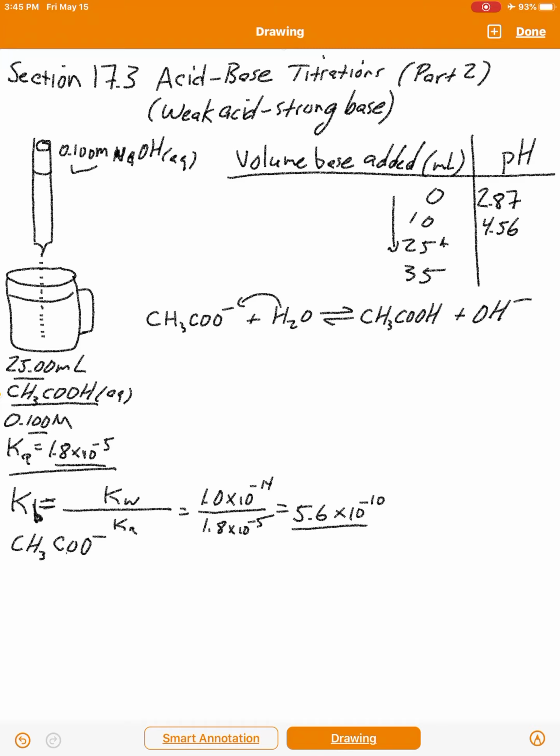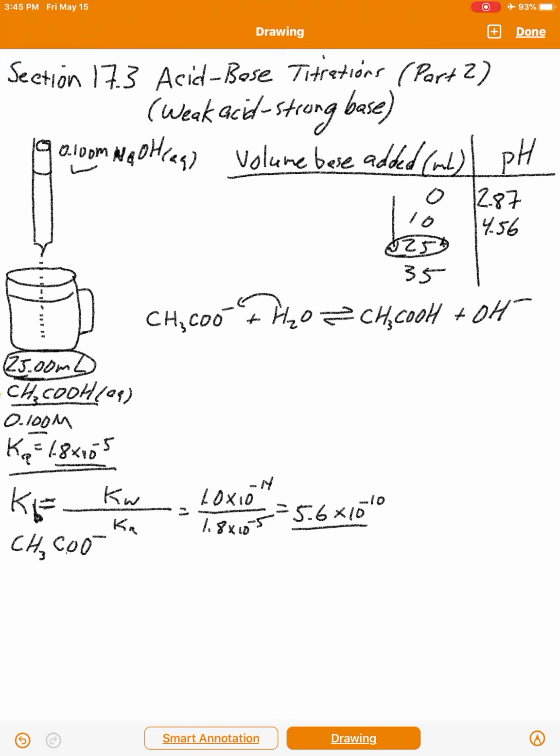to the minus 10. Now the question then is, well, what is the concentration of this acetate ion? We have to calculate that too. So let's see if we can figure that out. The volume is 25 milliliters plus another 25 milliliters. So that's a 50 milliliter volume. The number of millimoles that were formed was 2.5 millimoles.